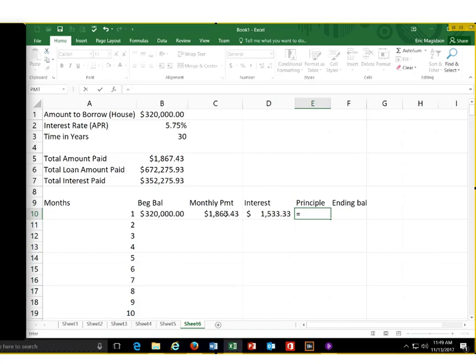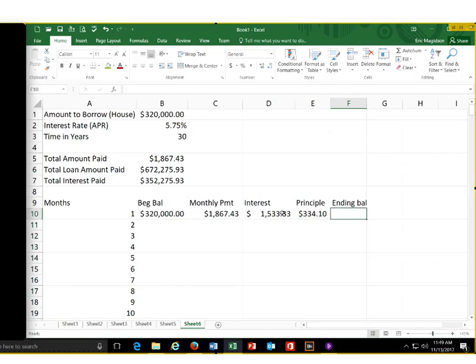Okay, look, folks. It's the monthly payment minus the what? Interest. It's exactly, Holly, $334.10. It's not about 300. Well, yeah. Technicality.